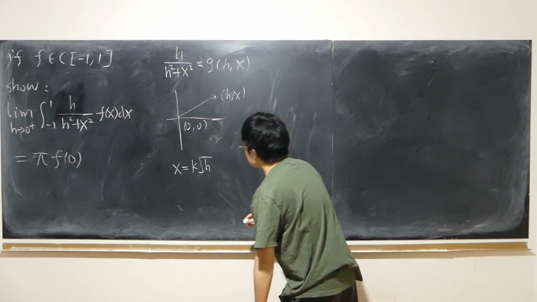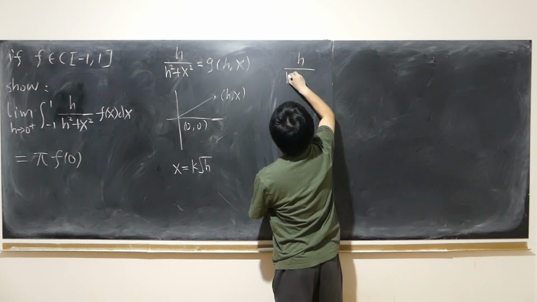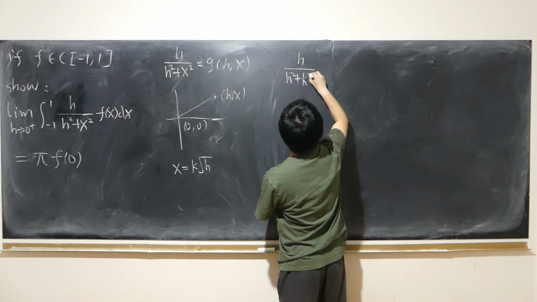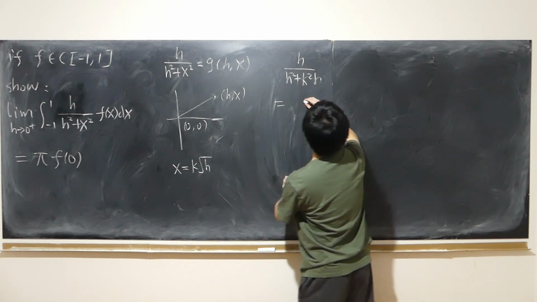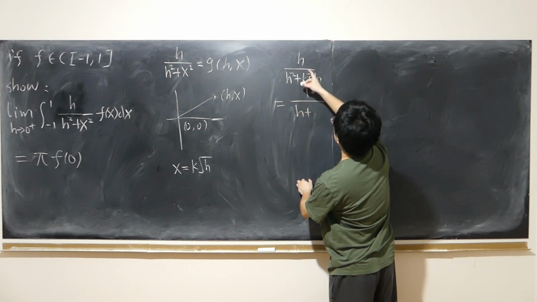In that case, this will just become h over h squared plus k squared times h. That is equal to 1 over h plus k squared, after dividing everything by h.